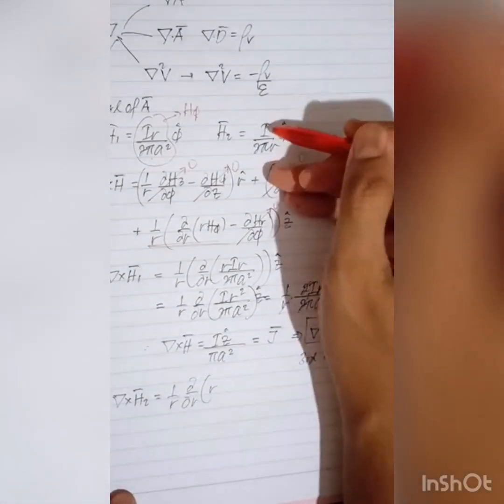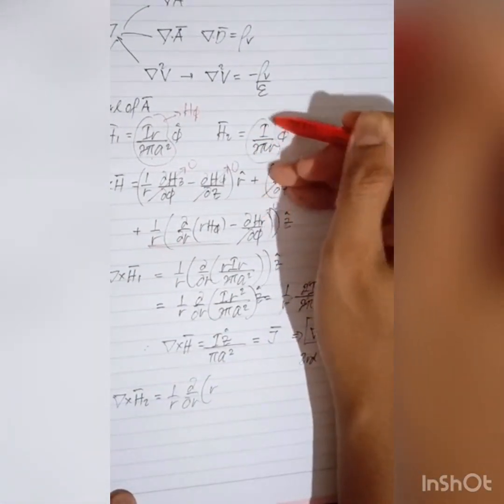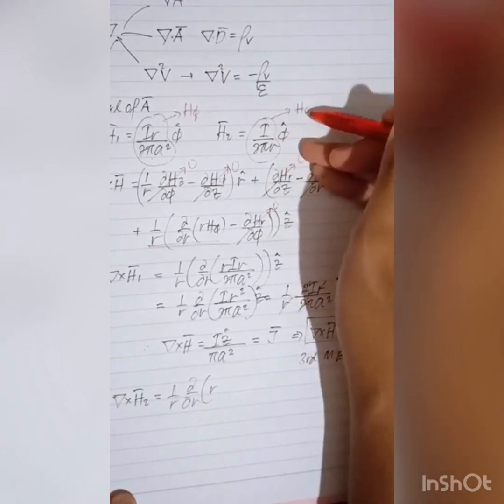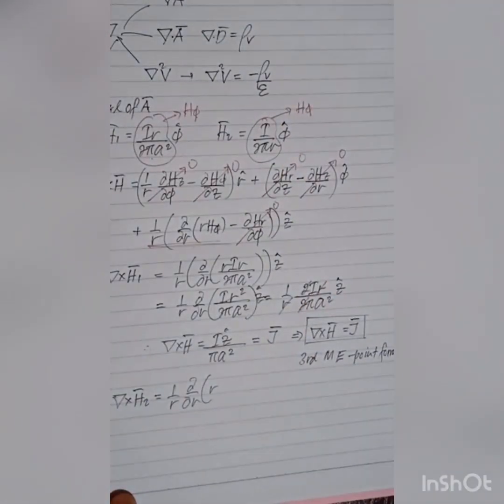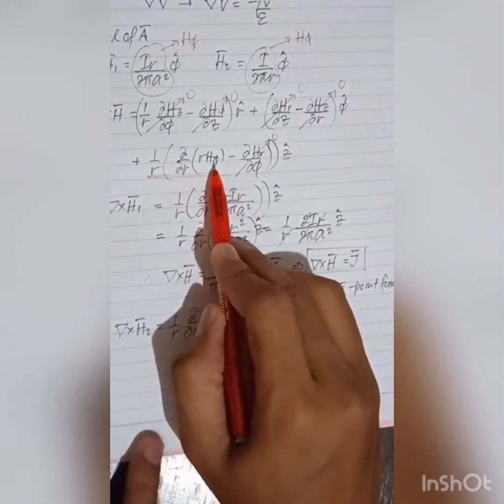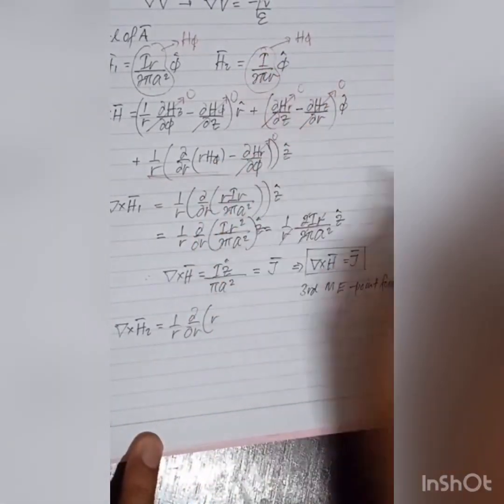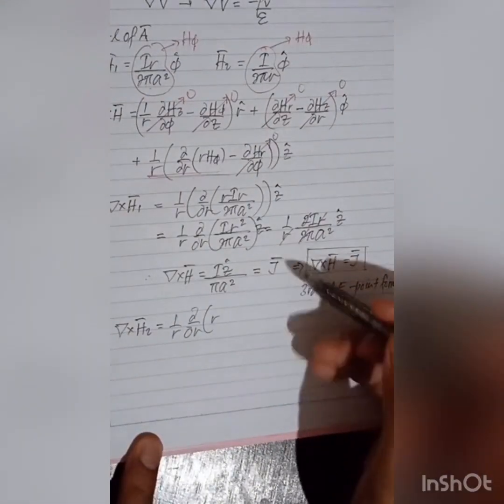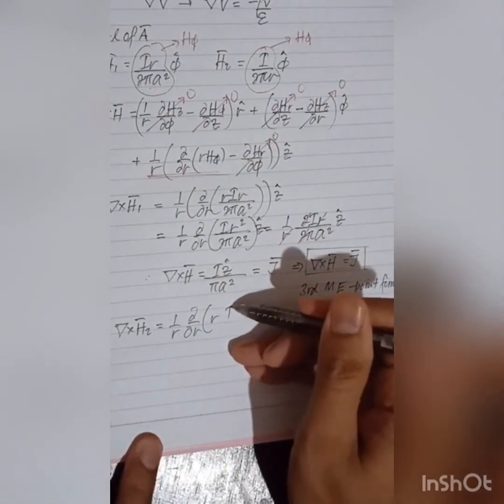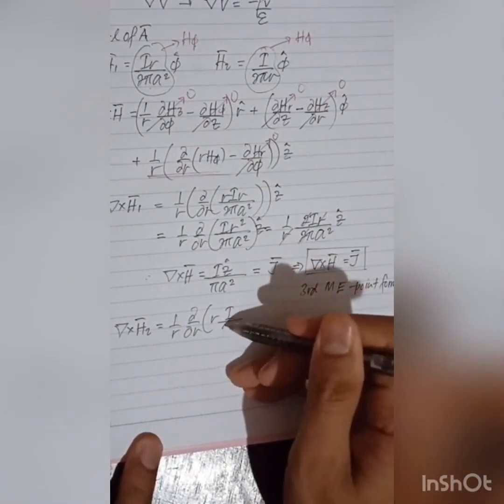Alright guys, look at carefully. For this H2, this whole term becomes your H phi component, right? So just replace this H phi with the H phi component from the H2 field. So now I put here I over 2 pi r.